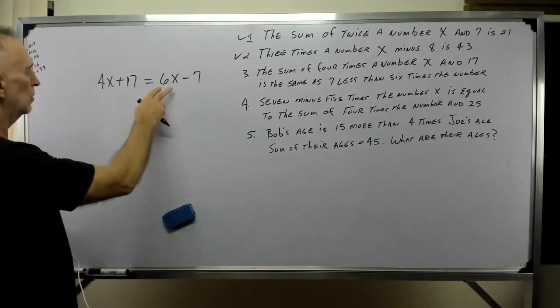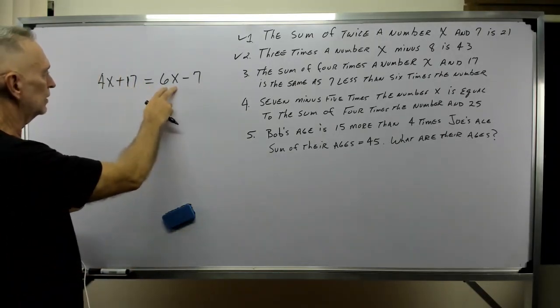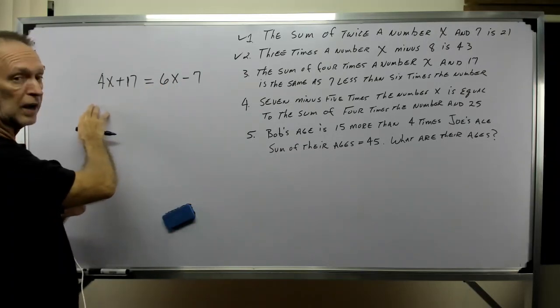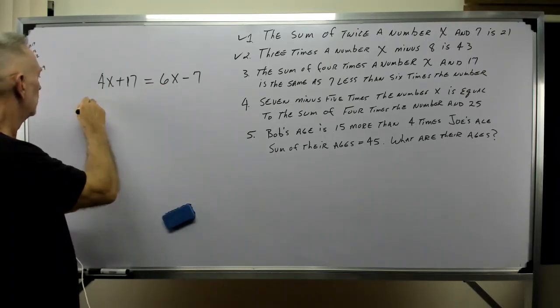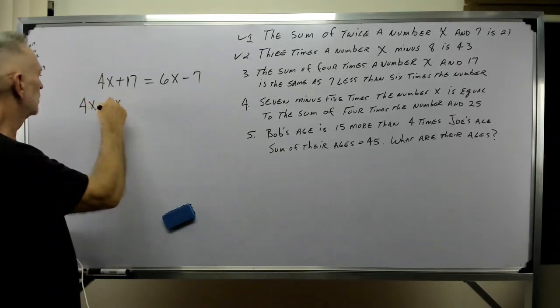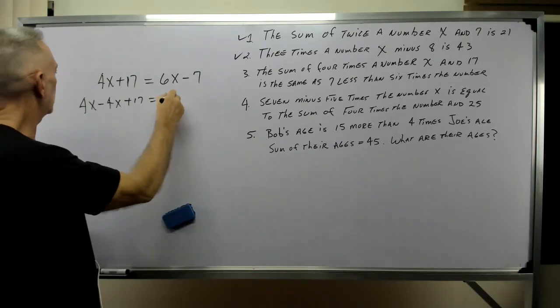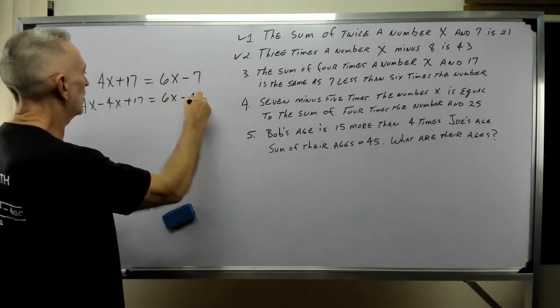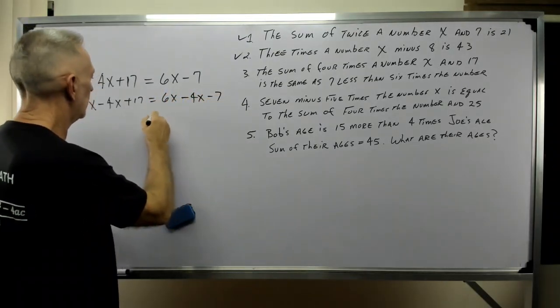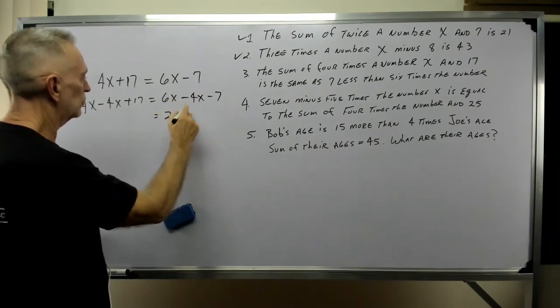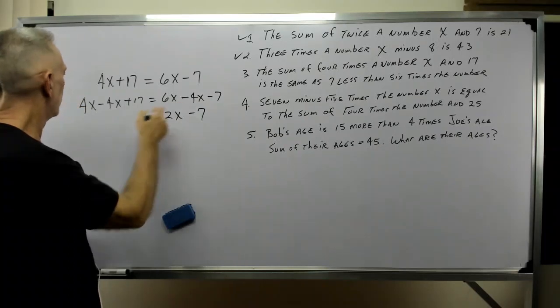All right, so since 6x is larger than 4x, I'm going to subtract 4x from this side. 4x minus 4x plus 17 equals 6x minus 4x minus 7. So that equals 2x, 6x minus 4x is 2x, minus the 7.